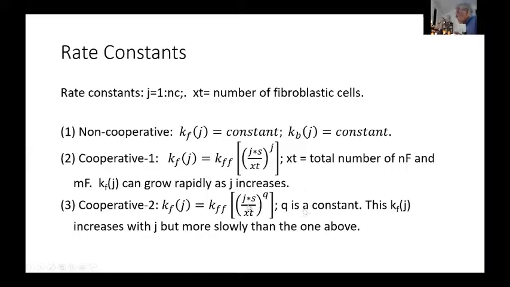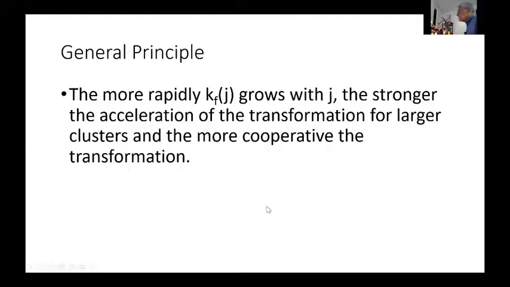Of course, if Q were very large, then the increase in the rate constant would be all the faster. So there's a general principle here, which is that the more rapidly Kf of J grows with J, the stronger the acceleration of the transformation for larger clusters, and the more cooperative the transformation.